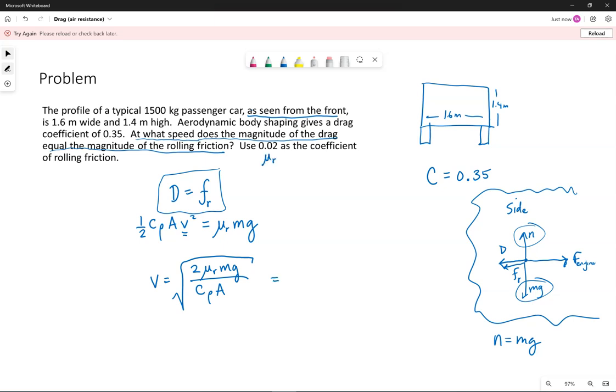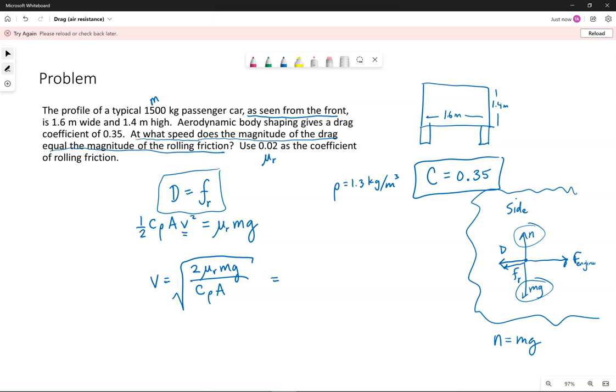So mu, the rolling coefficient of friction, is the 0.02. M is the mass of the car, the 1,500 kilograms. G, 9.8. C, they gave us in the problem as well. Rho, we're going to use that 1.3 kilograms per meter cubed that the author gives us in the test notes, right near the drag equation.